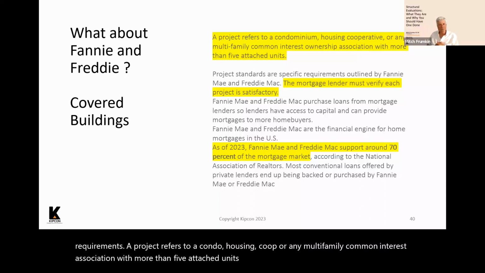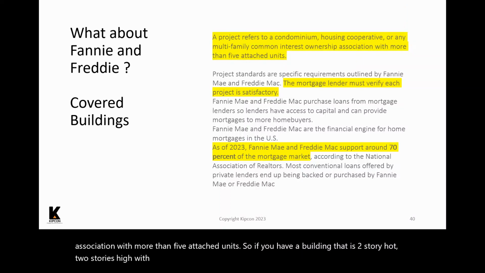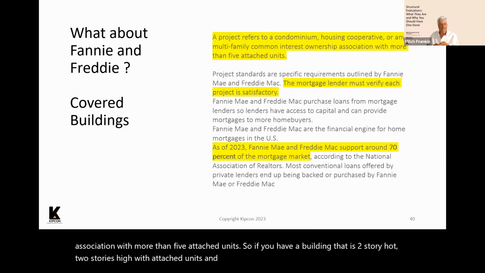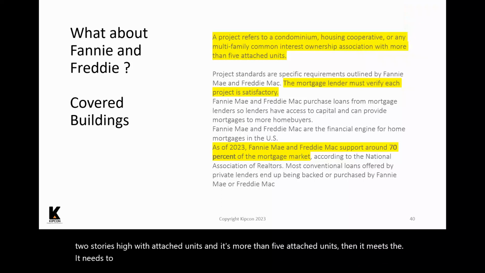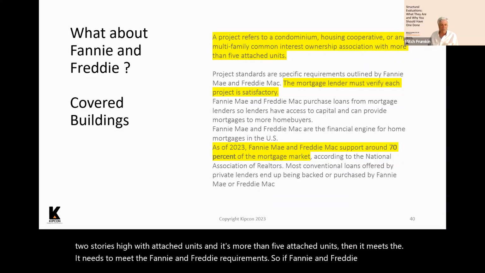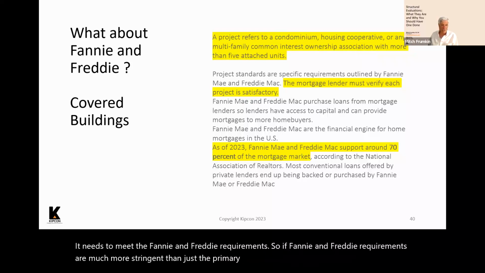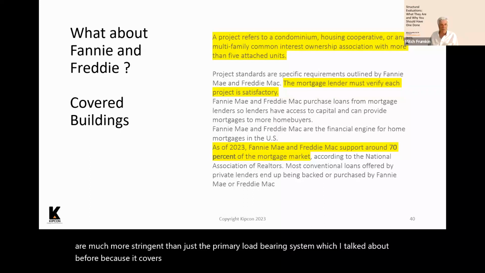So if you have a building that is 2 stories high with attached units, and it's more than 5 attached units, then it meets the Fannie and Freddie requirements. They are much more stringent than just the primary load-bearing system I talked about before, because they cover anything with more than 5 attached units, stick frame, no matter what it is.